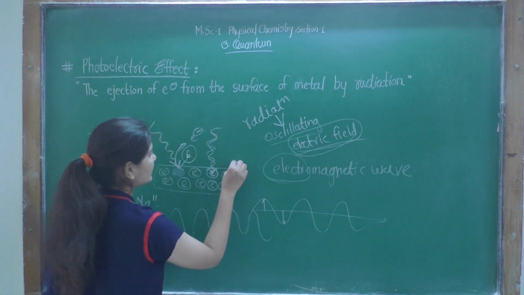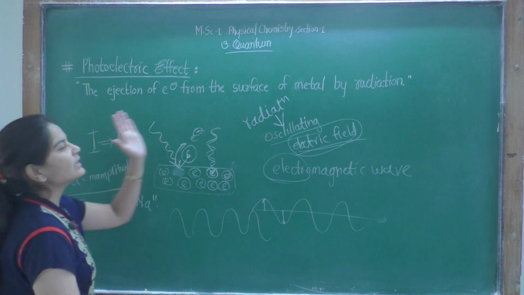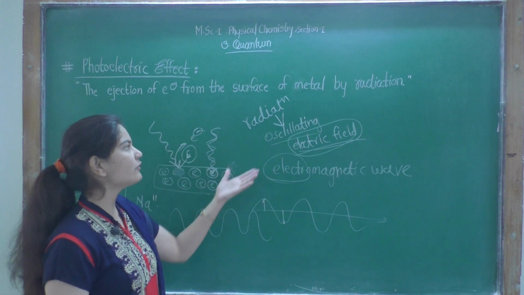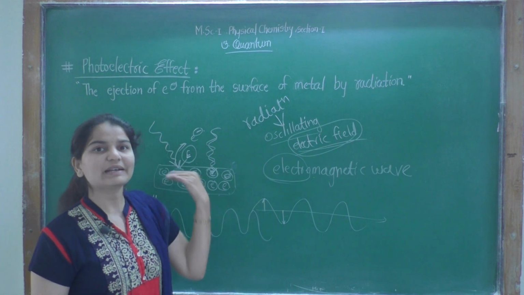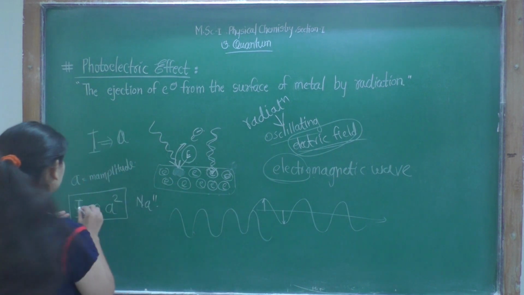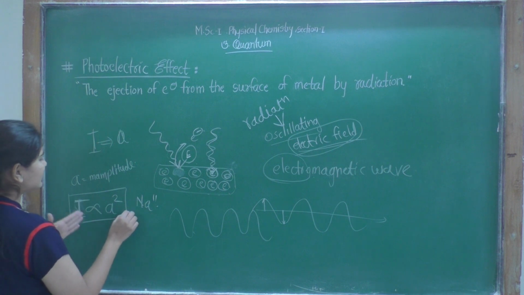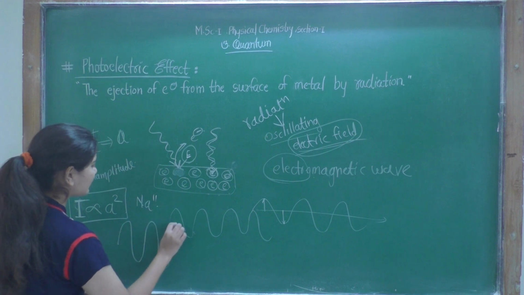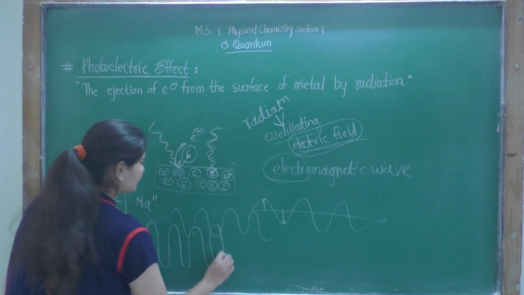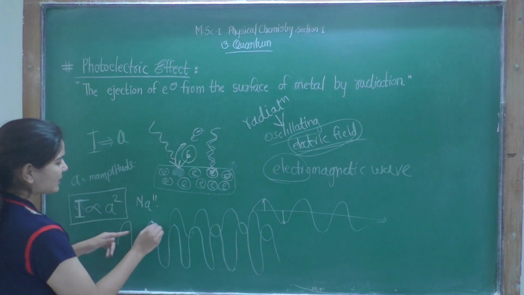And as the amplitude of the radiation, or the amplitude of this electric field wave, is increased, the intensity will also increase, since intensity is directly proportional to amplitude squared. So amplitude and intensity we can take as similar. So what happens?